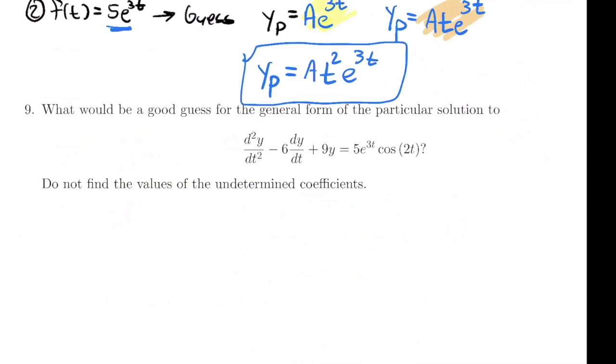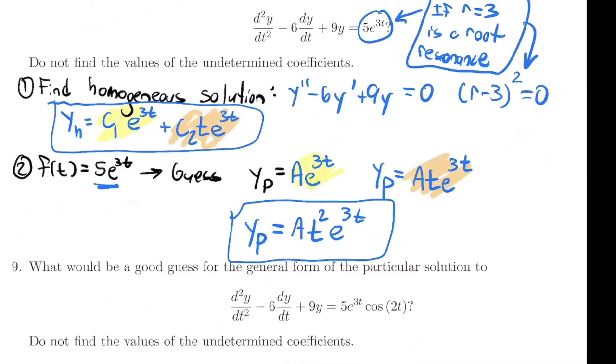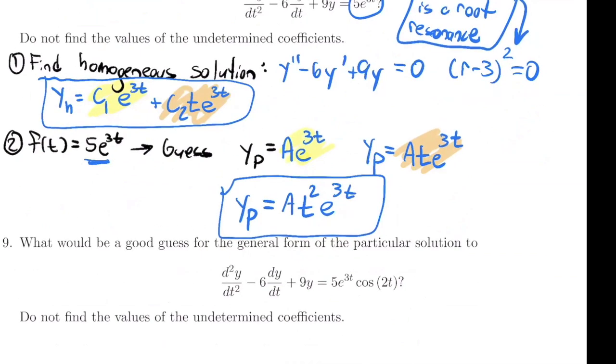Okay, so in question number 9, notice the left side of the equation is the same. What is different here, kind of like you had on the quiz, is that the right side of the equation is different. Because the left side is the same, we still have the same homogeneous solution.